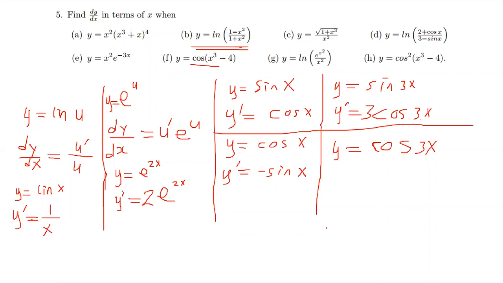So to find y prime using chain rule, if we have y is equal to cos u, what I've been doing all along, starting from this part here, is using chain rule. Now that was just a direct method.